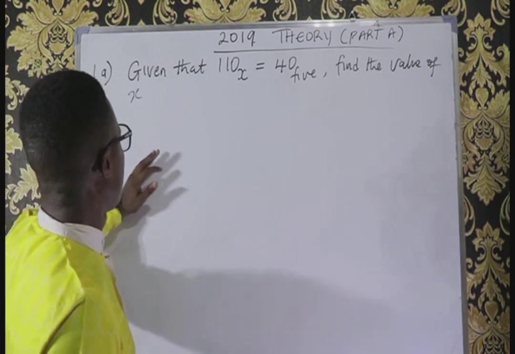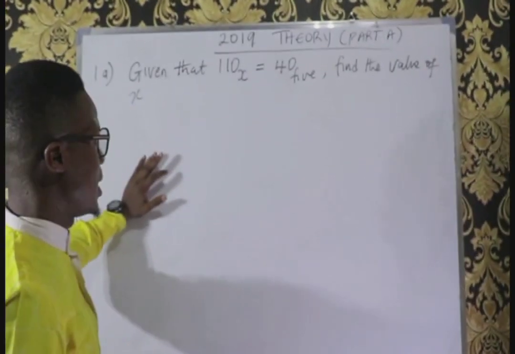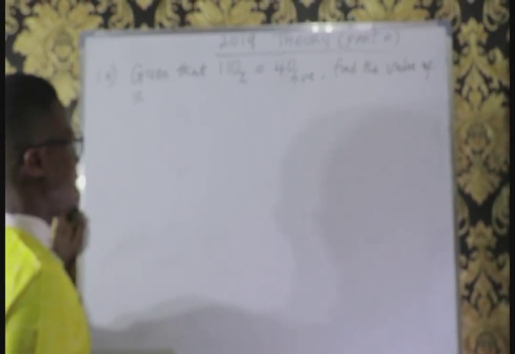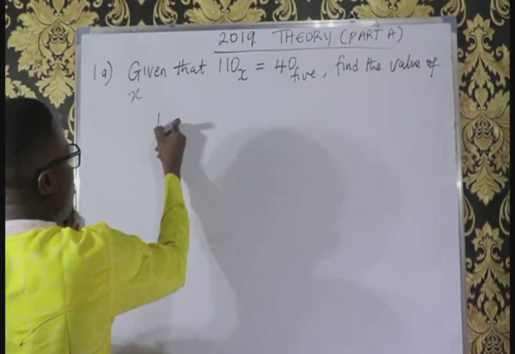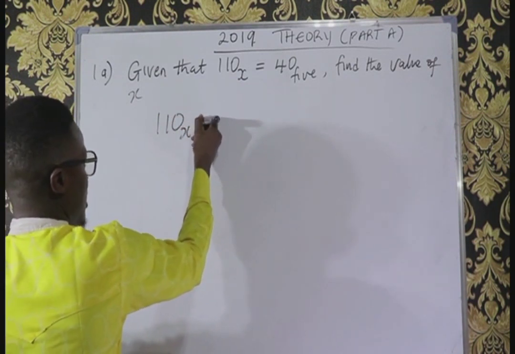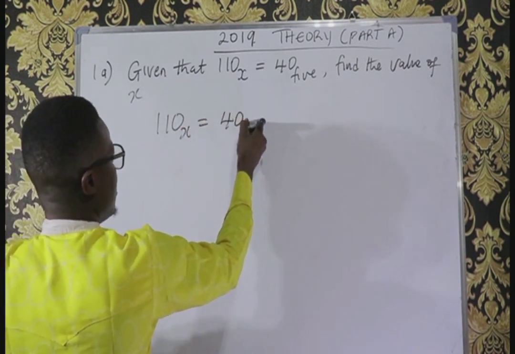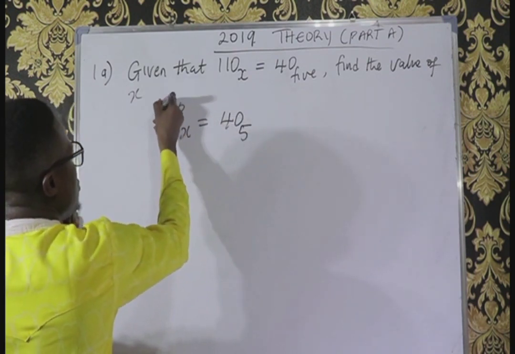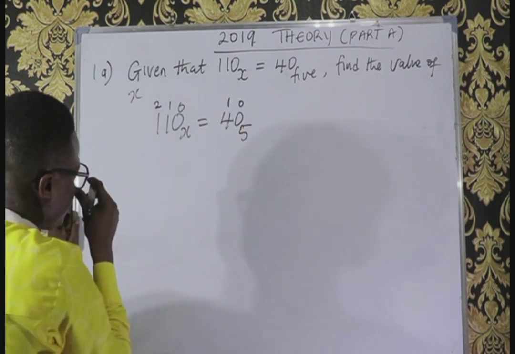The first question says, given that 110 base x is equivalent to 40 base 5, we should find the value of x. We have 110 base x equals 40 base 5. Call this 0, 1, 2, then 0, 1.